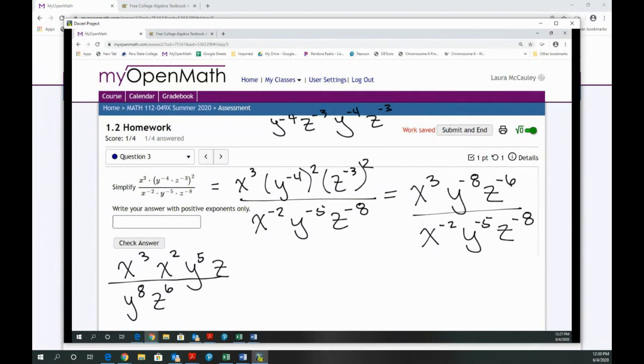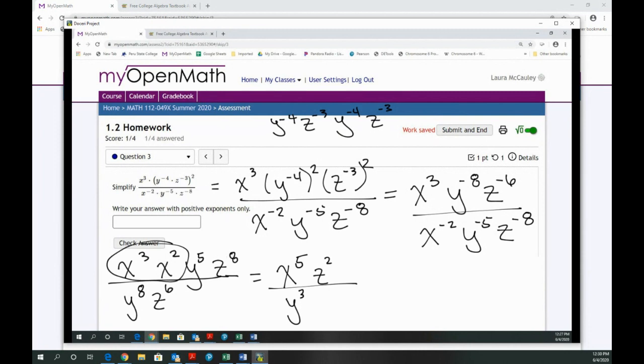So all those negative exponents, move them around. Then here's x to the 5th. We have 5 y's on top, 8 y's on the bottom, which leaves 3 y's on the bottom. 8 z's on top, 6 z's on the bottom leaves 2 z's on top.